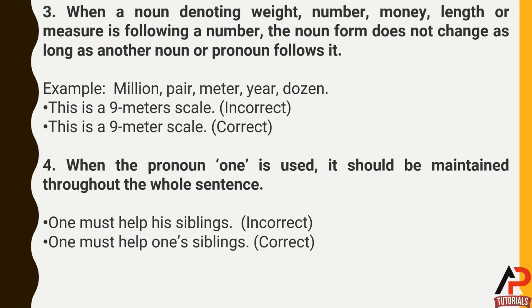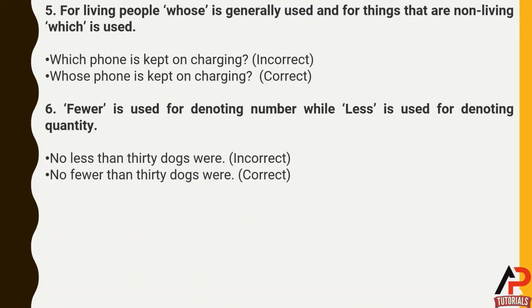So in "one must help his siblings," we'll replace his by one's, because when we use one, we have to maintain it throughout the whole sentence. So "one must help one's siblings" is the correct answer.